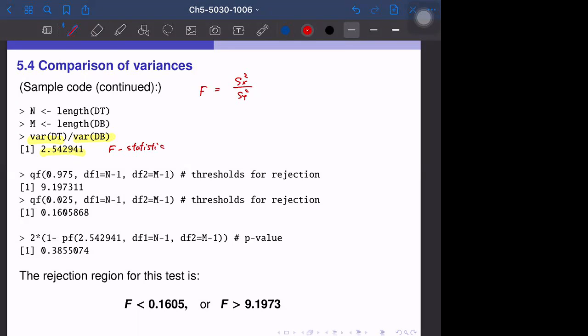And if you want to see the rejection region at the 5% level, if the significance level is 5%, then we take 2.5% each for the upper quantile and the lower quantile. So the rejection region is, if we have an F distribution like this, this point is 9.19. So this is 0.025.